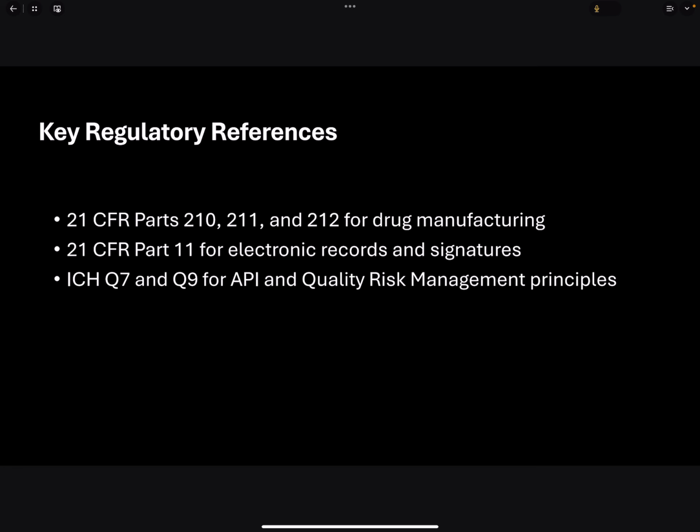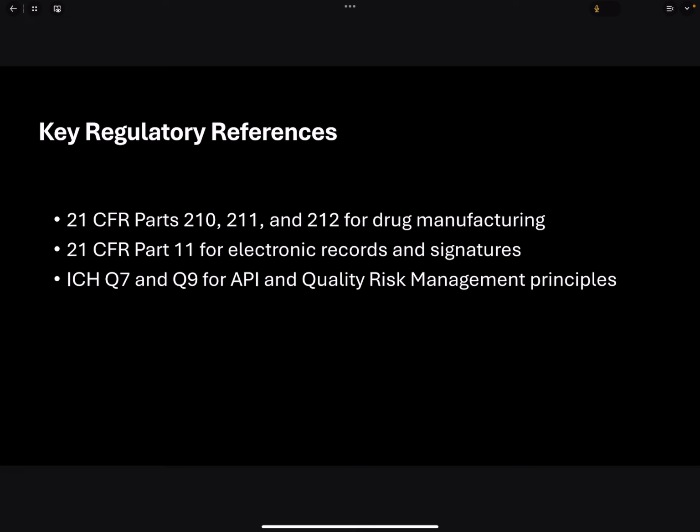Data integrity isn't just a good practice, it's the law. The FDA enforces it under 21 CFR Parts 210, 211, and 212. And for electronic systems under Part 11, the one about electronic records and signatures.